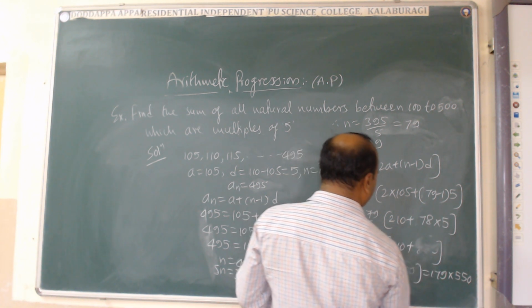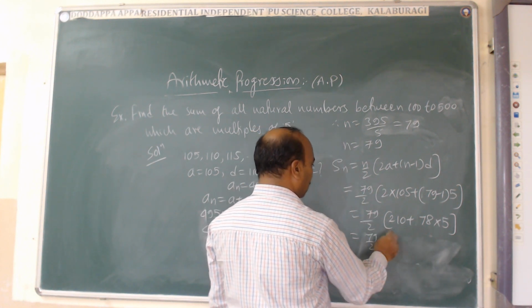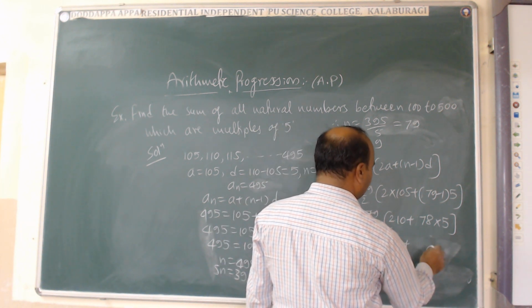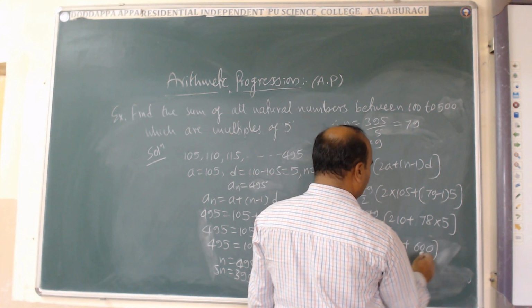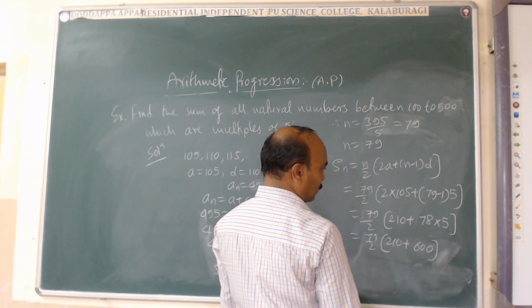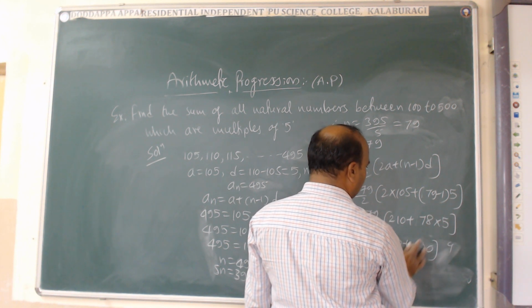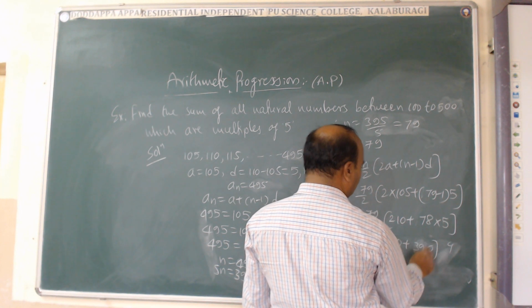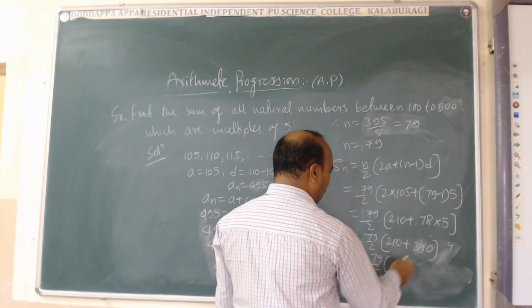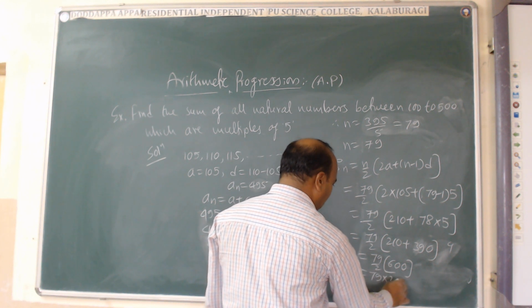So calculate 79 by 2 into 210 plus 78 into 5. 5 eights are 40, 5 sevens are 35 plus 4 is 39, 390. So 79 by 2 into 600. So 79 into 300.